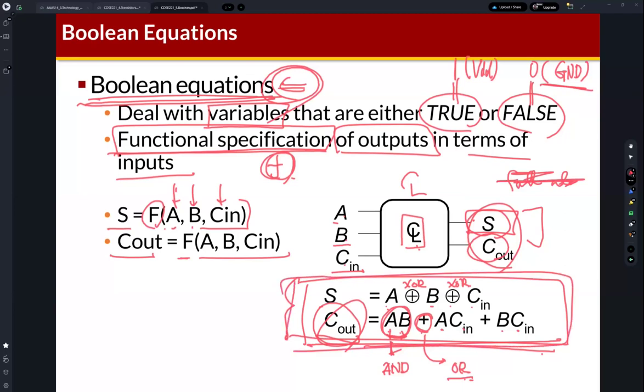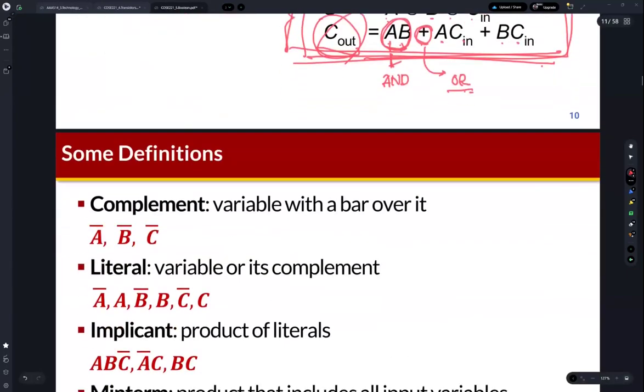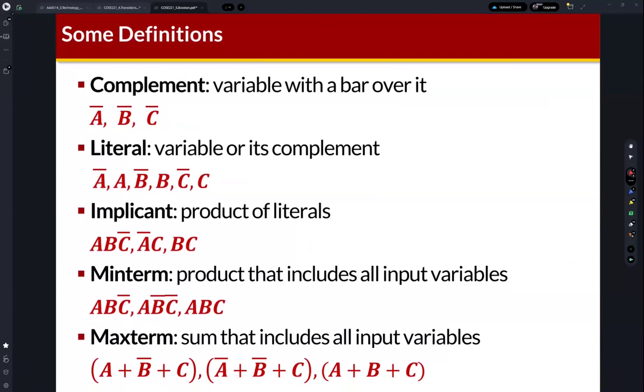So we can define a functional specification of combinational logic or any logic circuit using Boolean equations, right? These are definitions, so definitions you need to memorize.